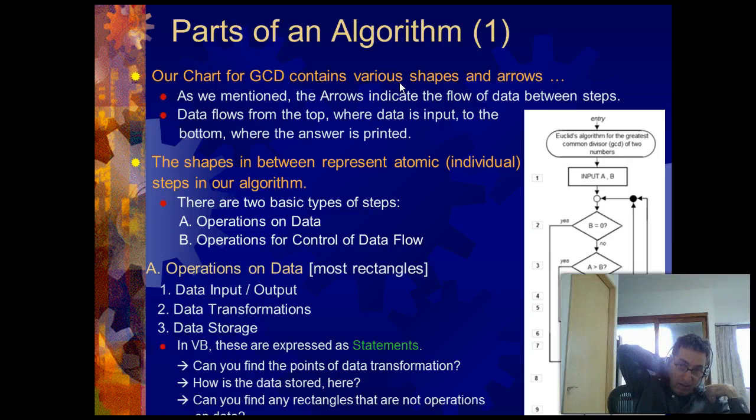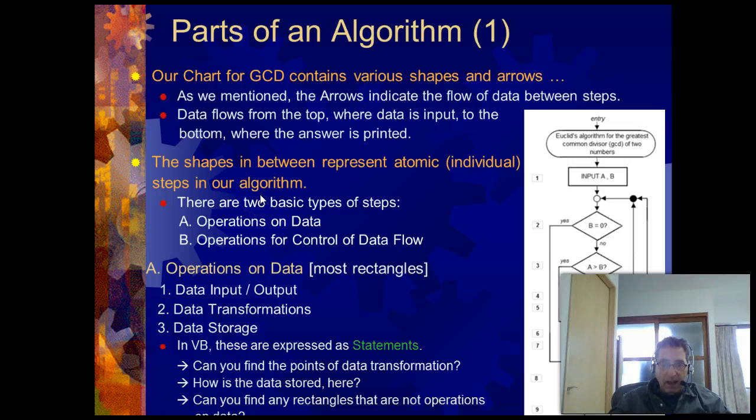As we mentioned, the arrows indicate the flow of data between the steps. Data flows from the top, where data is input, so here we input the data, to the bottom, where the answer is printed here. The shapes in between represent so-called atomic or individual steps in our algorithm.